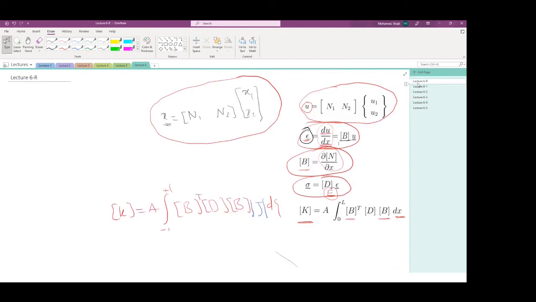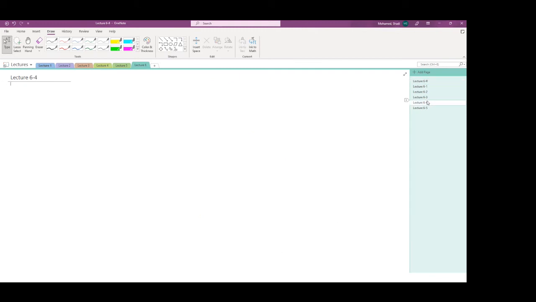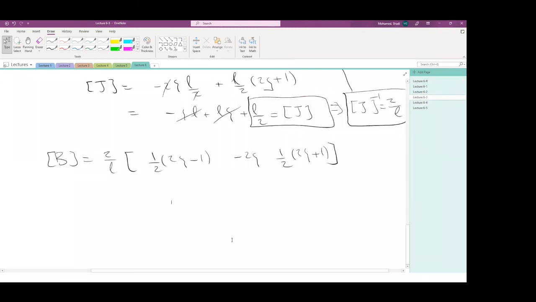Now I should be able to find the stiffness matrix, and this is the expression I have for the stiffness matrix. Just going to copy that there. I'll probably just write it down there. So the stiffness matrix is going to be A, E. I'll just take them out immediately.